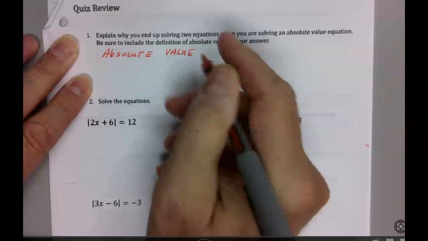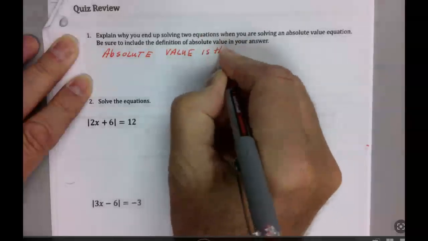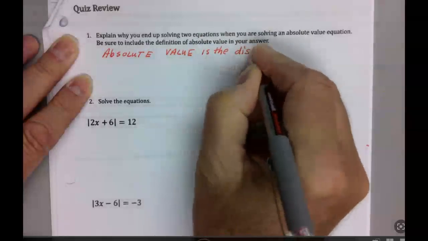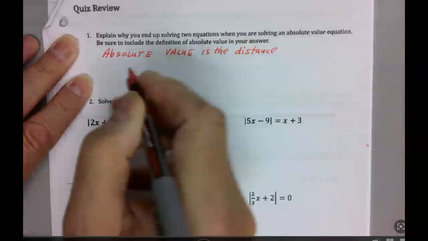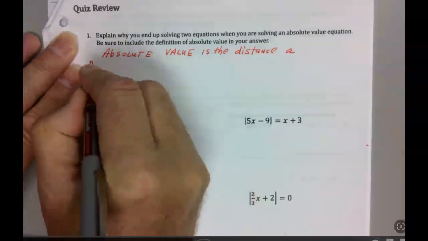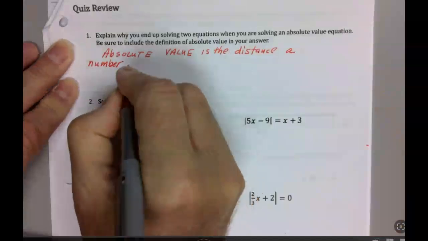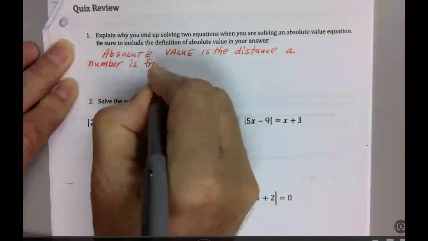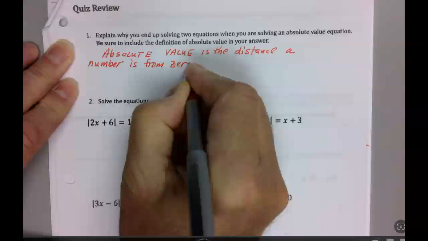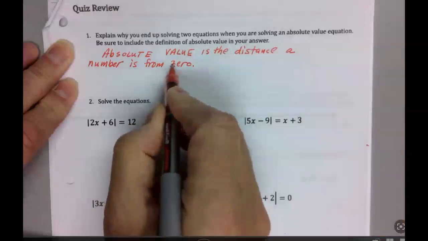Absolute value is the distance a number is from 0. I put a little line through my Z's because they look so much like 2's, okay?